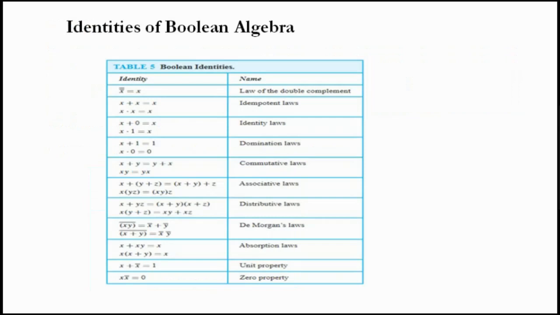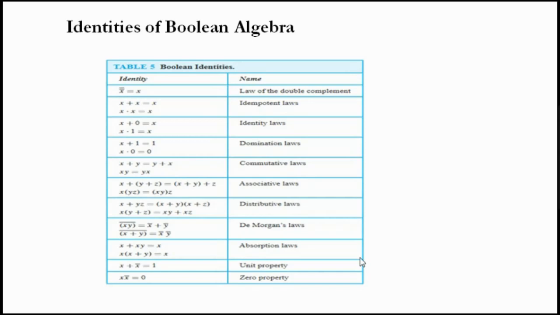We have seen that there are 3 methods to reduce Boolean expressions: Boolean identities, K-map, and the tabulation method. If you are given a question to minimize an expression using Boolean identities, you need to remember all these identities, like the law of double complement, that is x dash whole dash is equal to x; x plus x is equal to x, and x into x is equal to x, which is the idempotent law.